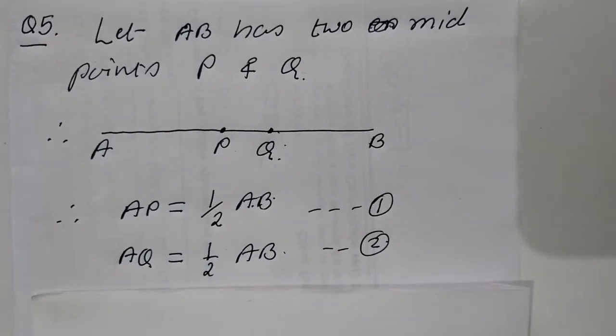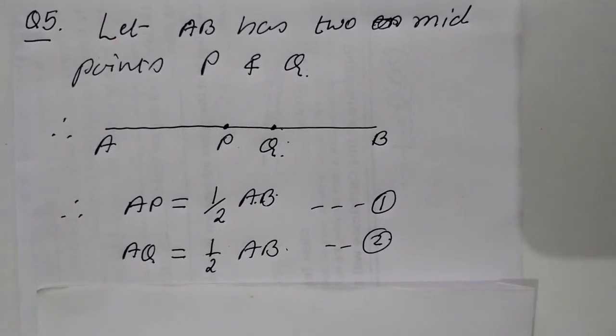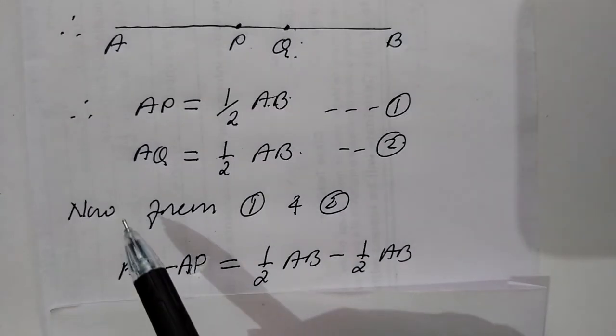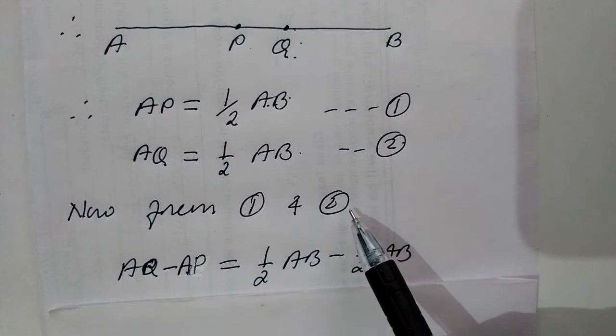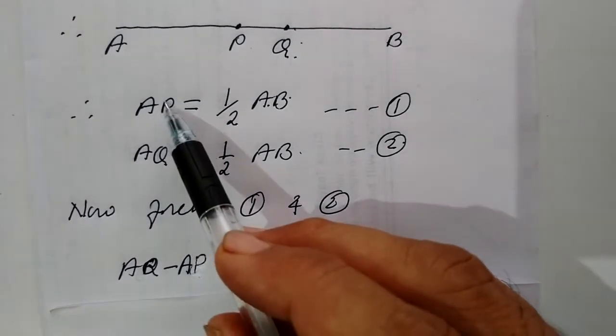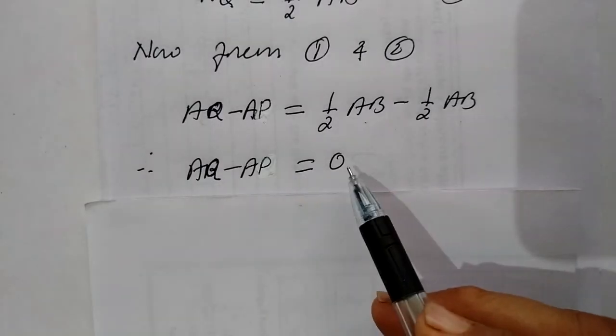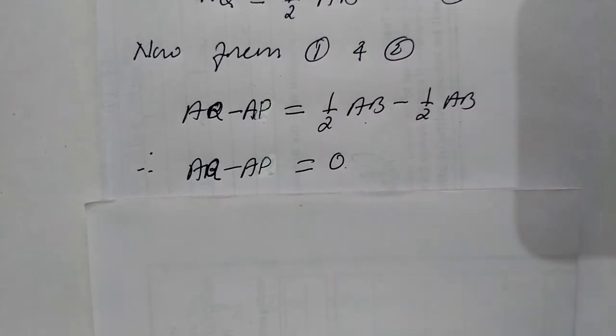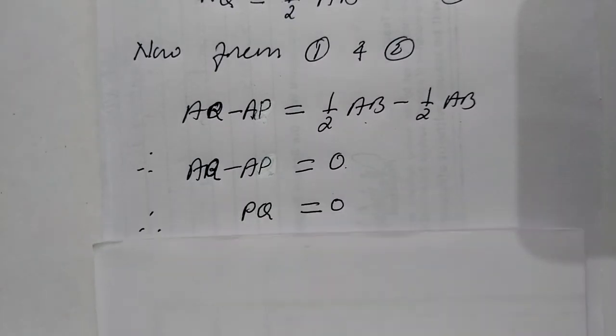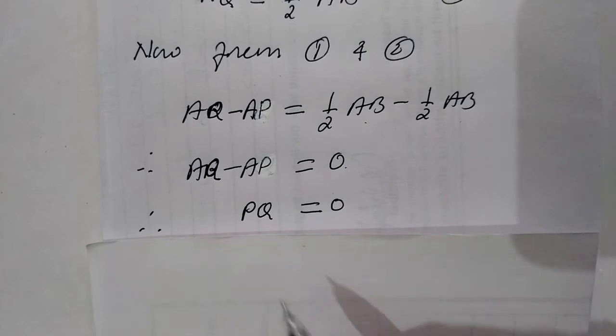Now children, can you guess what should be the next step? Now from 1 and 2 we are subtracting AQ minus AP. So we are getting half AB minus half AB. Therefore AQ minus AP equal to 0. AQ minus AP equal to 0 means what? PQ equal to 0.